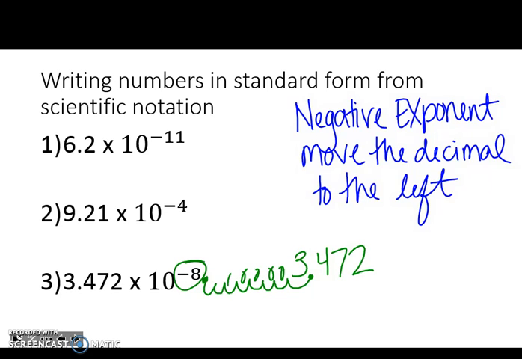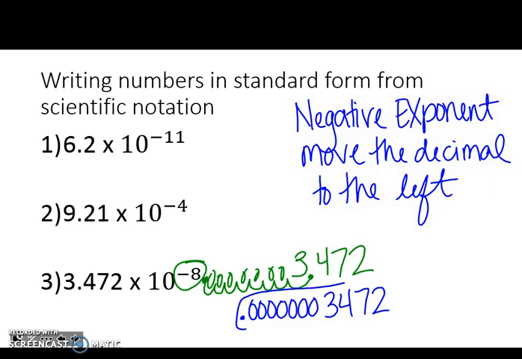Fill it in with zeros. And then we have to rewrite it without the loop-de-loop. So that's the decimal, 7 zeros, and then 3, 4, 7, 2.